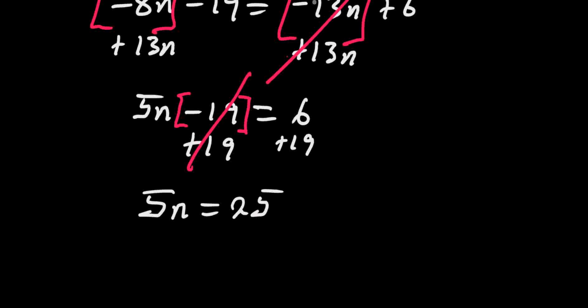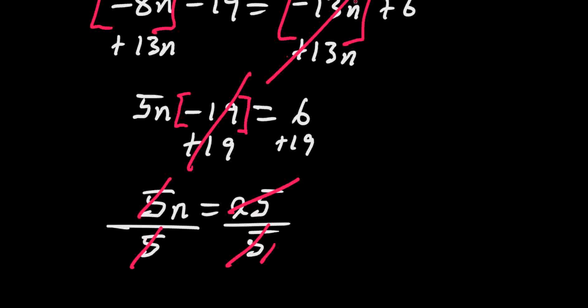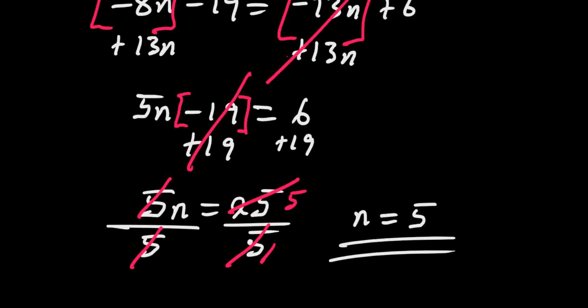Now divide both sides by the coefficient of n, which is 5. So 5 divided by 5 is 1, and 25 divided by 5 is 5. So n equals 5. So this is the answer to this question.